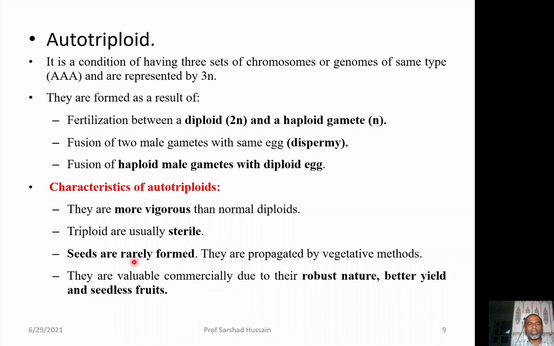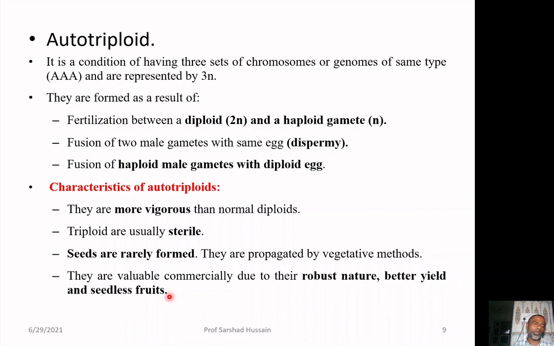These plants are propagated through vegetative methods, like layering and cutting. They are commercially valuable due to their robust nature. They can survive in adverse environmental conditions, they have better yield and they have seedless fruits.